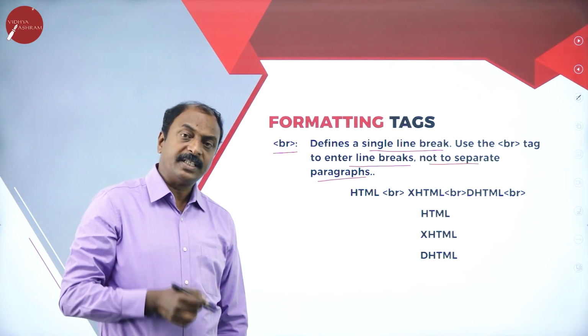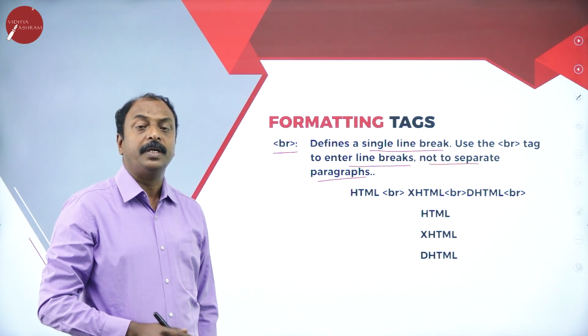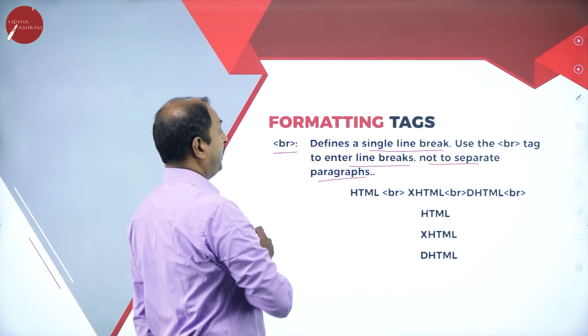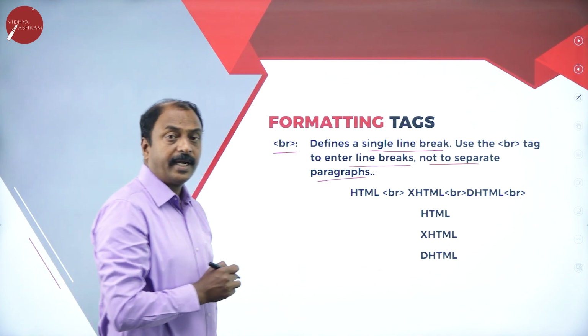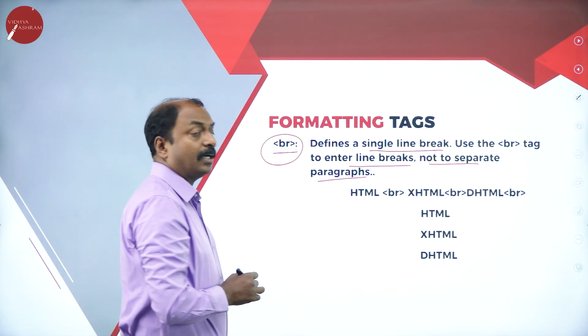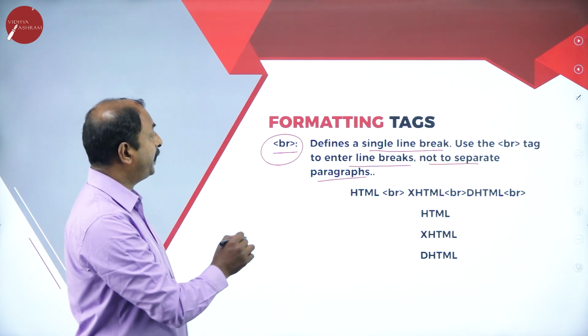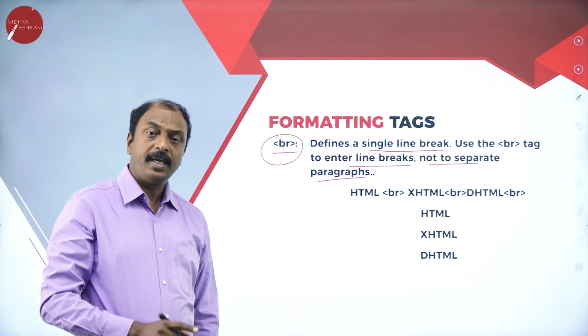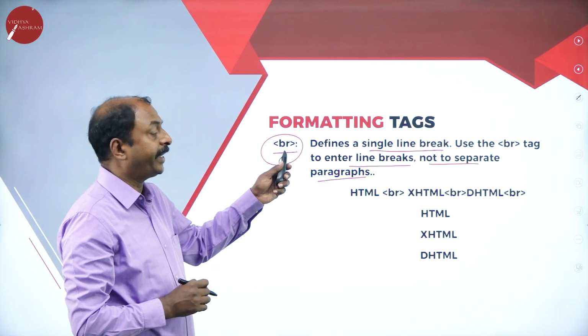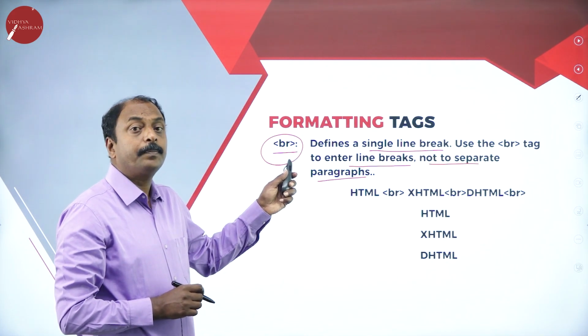If you want the text or information to appear line by line, then we use the line break or BR tag. You observe that the BR tag is not a paired tag. It is an unpaired tag, and we use it only once with an open tag. There is no closing tag for BR.